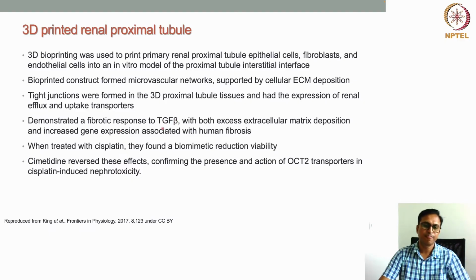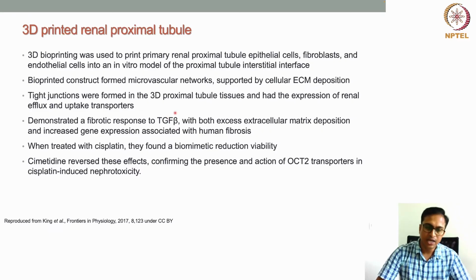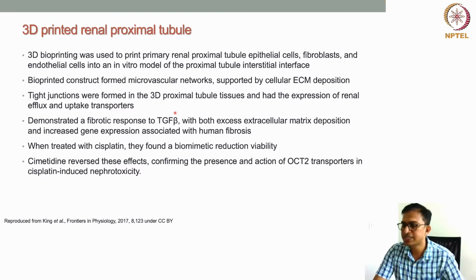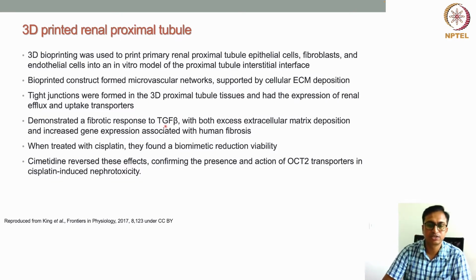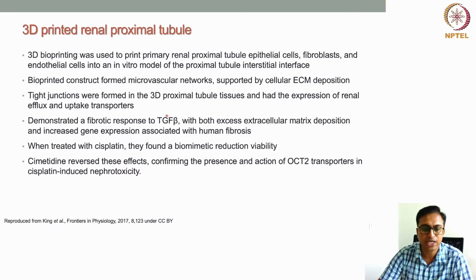TGF beta is typically a growth factor, but it induces fibrosis in certain tissues. In kidney, if there is a high amount of TGF beta expression, it can lead to kidney fibrosis. That they also saw within their model.